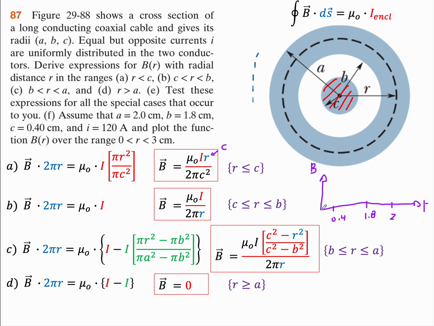Well, it's going to increase linearly out to here, and you can actually figure out exactly what that value is. Now you have numbers on it. I'm just going to do it qualitatively. After that, it decreases as a 1 over r term. That's the second one here. And then when it gets to here, it's going to decrease again until it actually reaches 0 when you get to 2 centimeters.